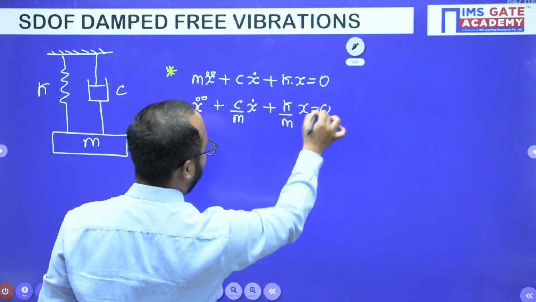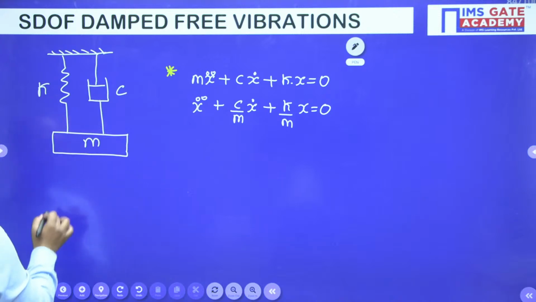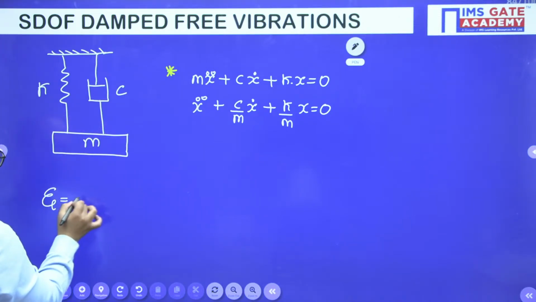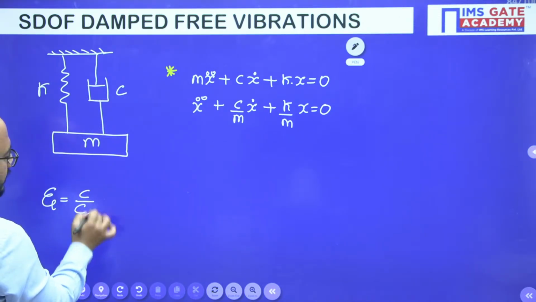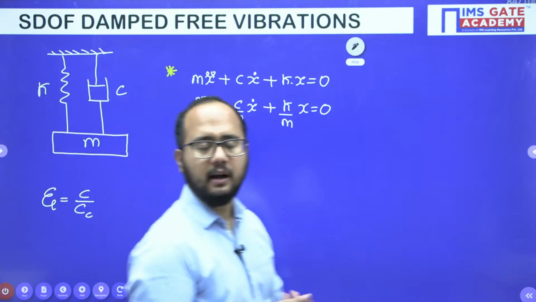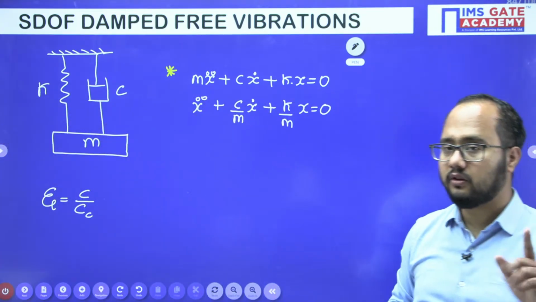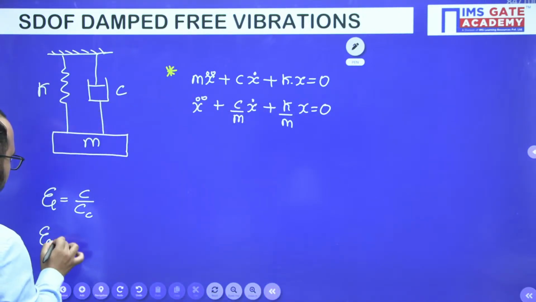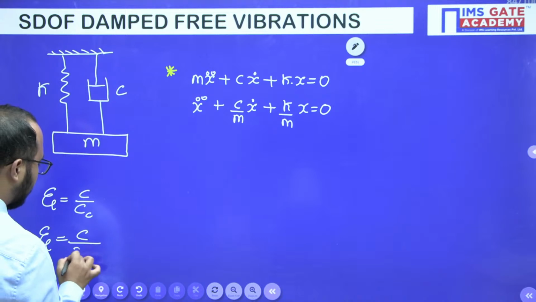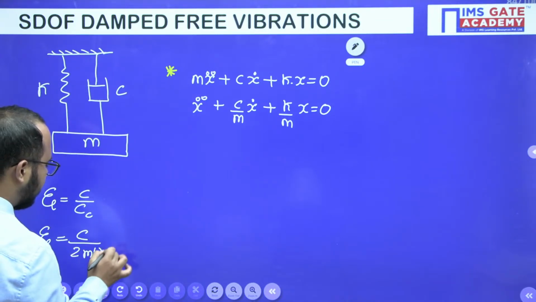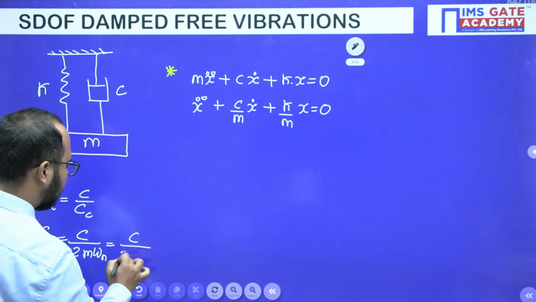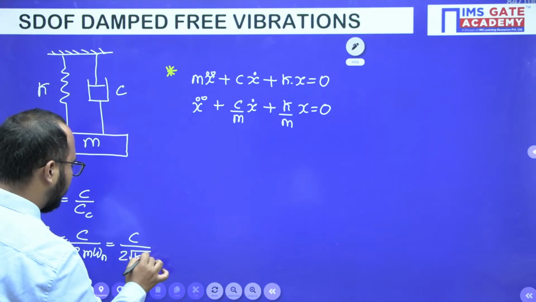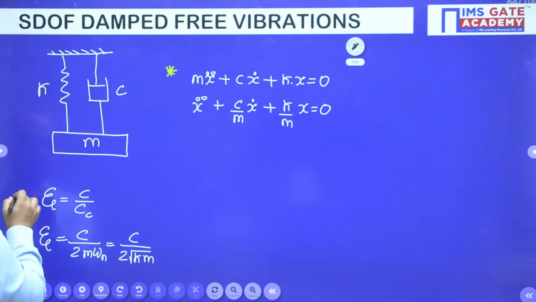Now, there is a damping factor that you should remember, C by Cc: damping coefficient divided by critical damping coefficient. This Cc can be written as 2m omega n, and even you can write it like this, 2 root km. So, this formula you should remember.